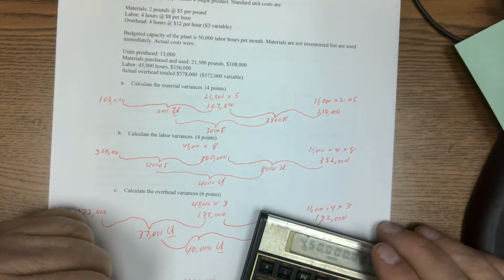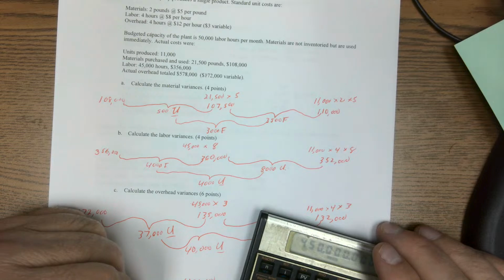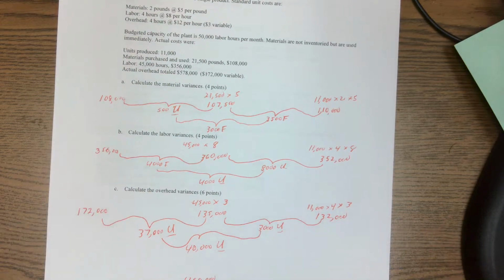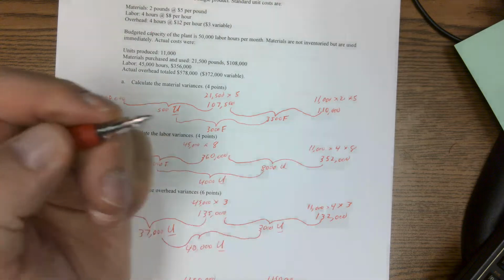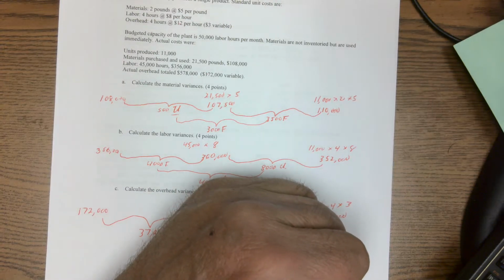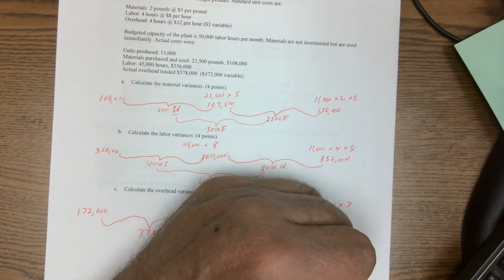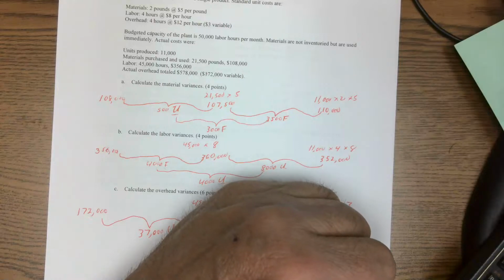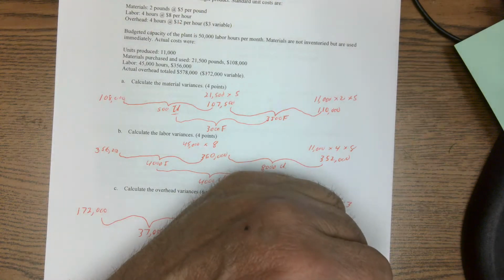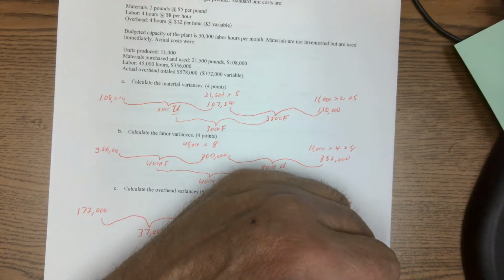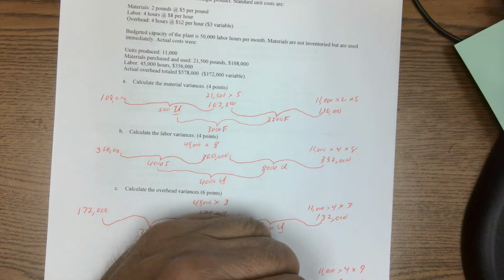So we've got 44,000 favorable spending variance. That's 11,000 times 4 times 9. $396,000 was applied.